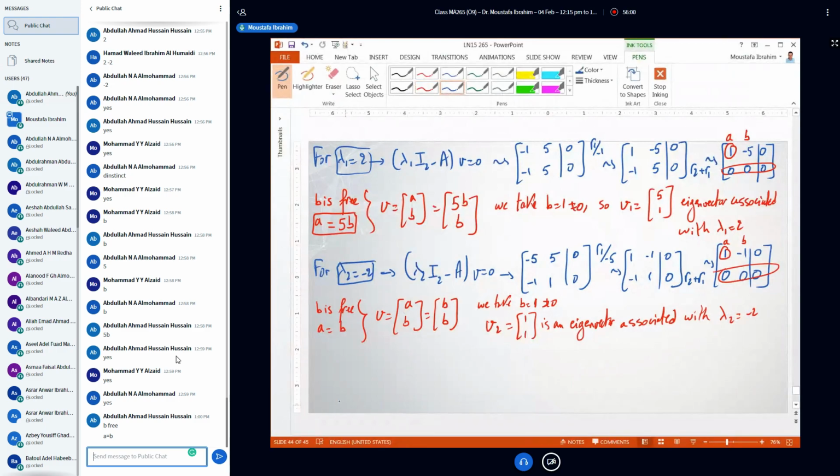So guys, finally P, which is V1, V2, is equal to what? V1 is 5, 1, V2 is 1, 1. Now, what's missing? P minus 1 equals what? Simply, P minus 1 is 1 over the determinant of P, times the adjoint of P, correct?